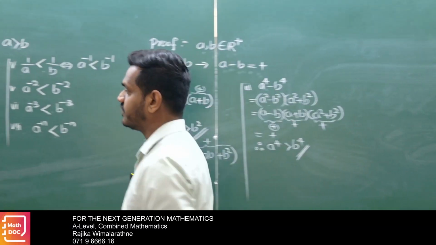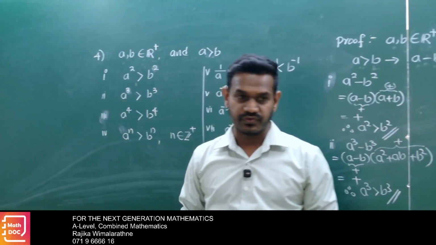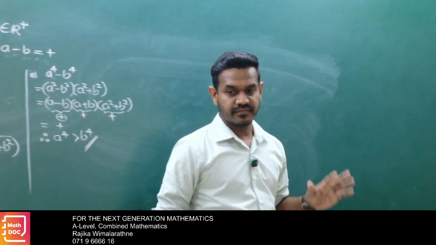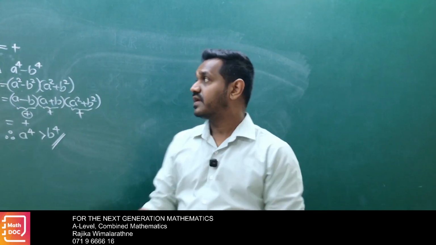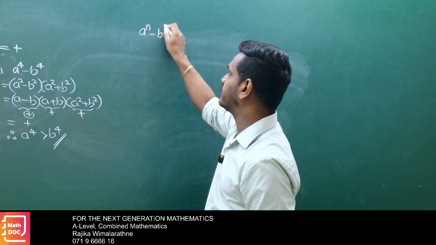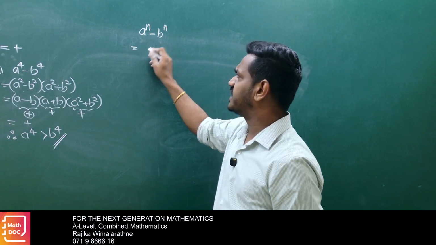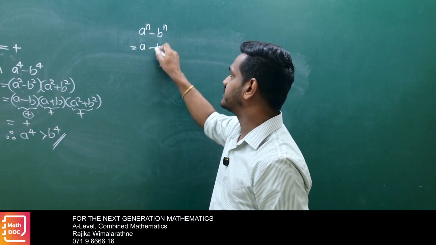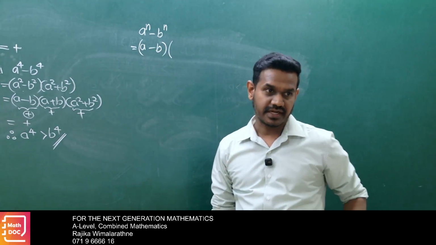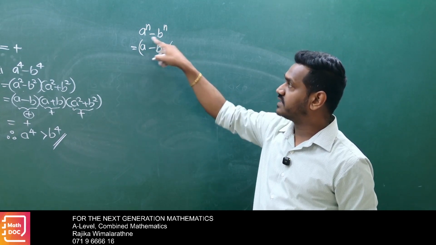Okay, then let's see the proof for a to the power n greater than b to the power n. Check this now. Think about a to the power n minus b to the power n. For this we can write the factor a minus b. Under the foundation course we have done that factorization thing, no? Then there will be the factor a minus b.